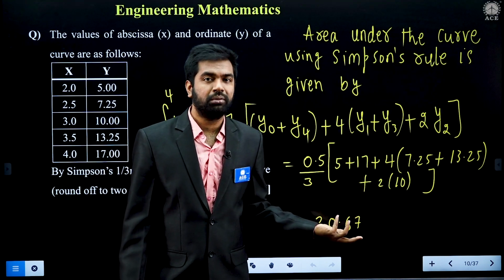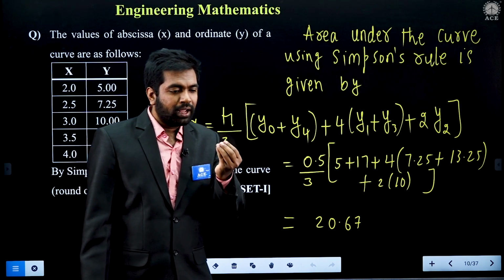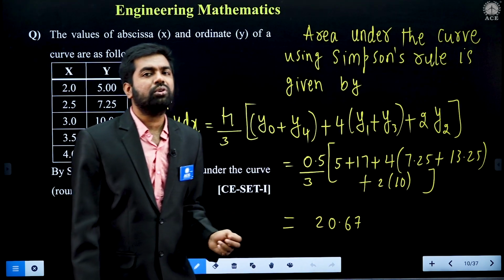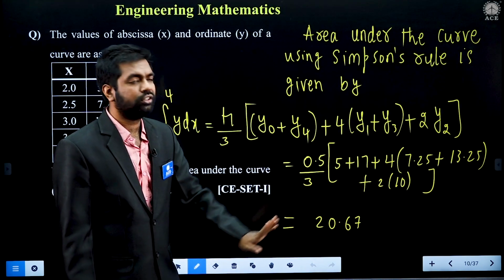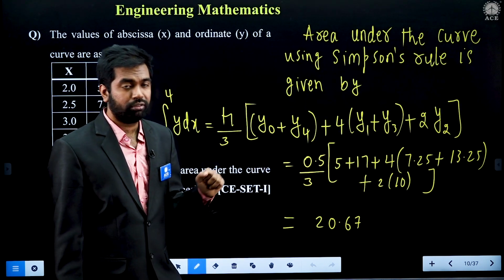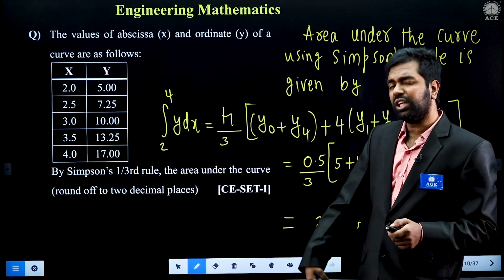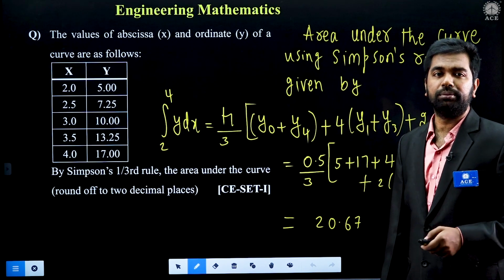Multiplication and addition. So if you have got this attitude, then you are going to score it easily. So now the final answer is 20.67. Do the mathematics, use your virtual calculator. So we are done with this problem as well, which was asked on Simpson's 1/3 rule.